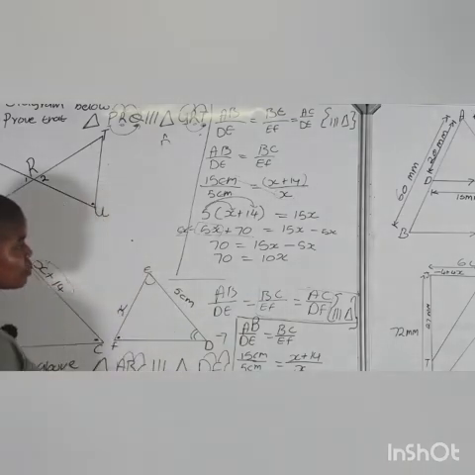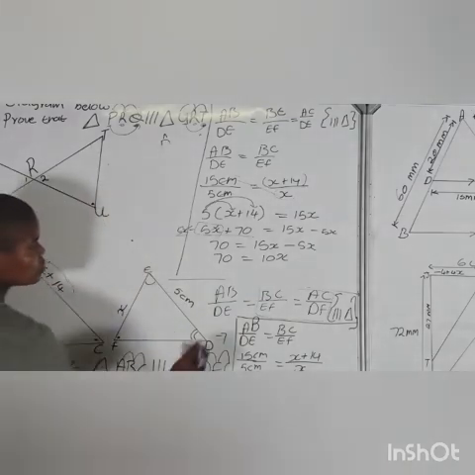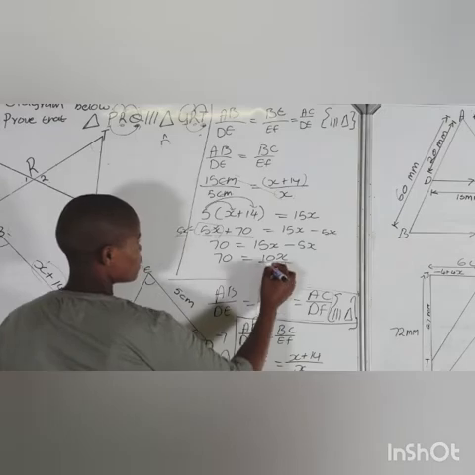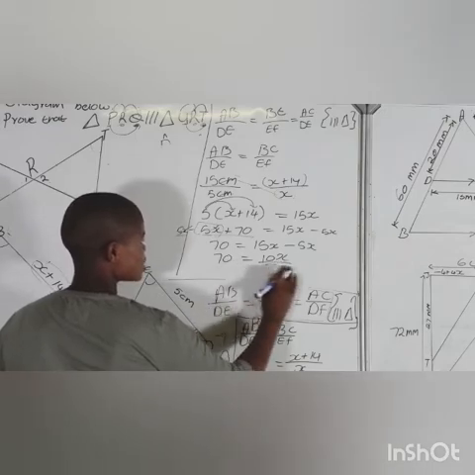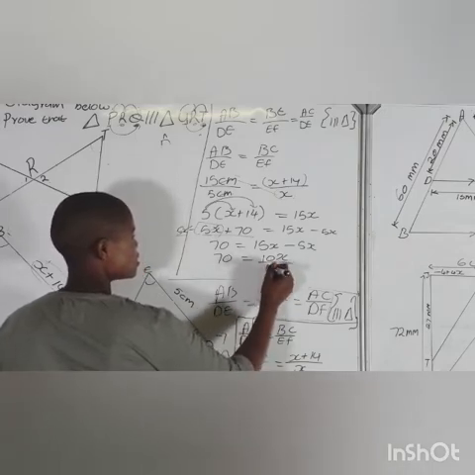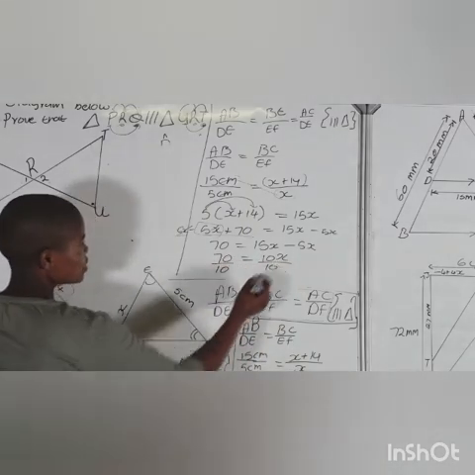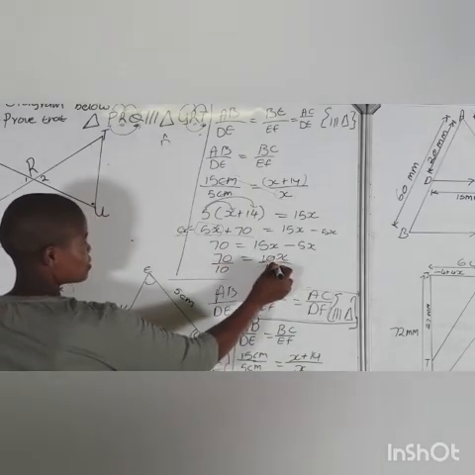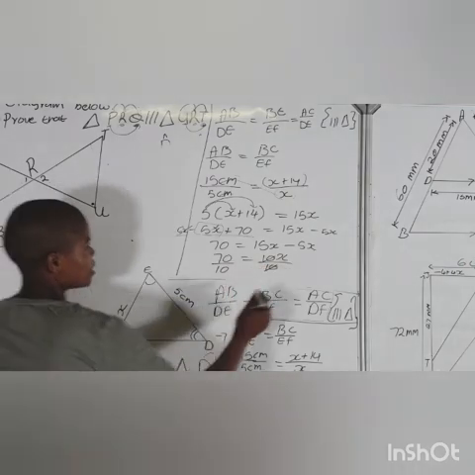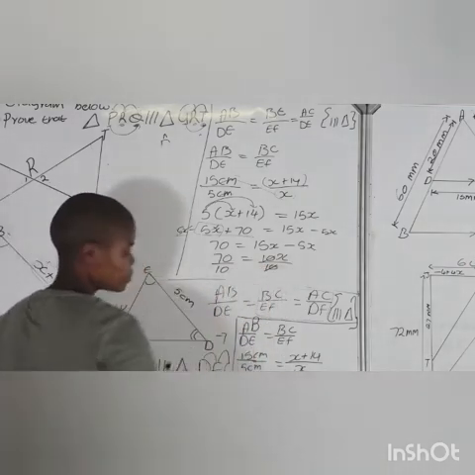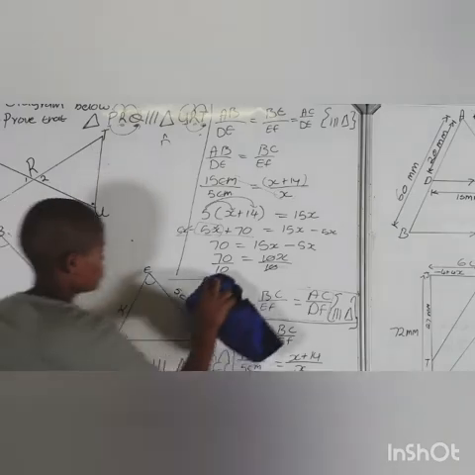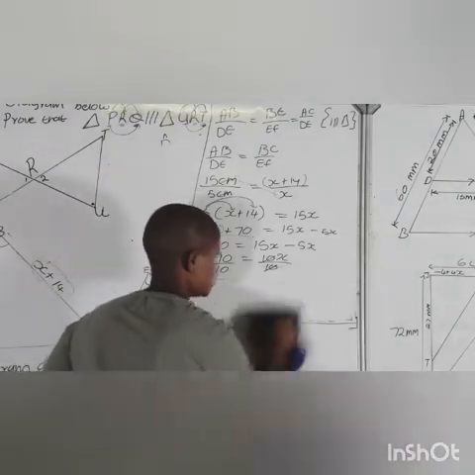So from here, I'm going to divide both sides by 10 because I want the value of x. That is multiplicative inverse. So this one, divide this one. And therefore, the issue of space, but it's okay, we get in there.